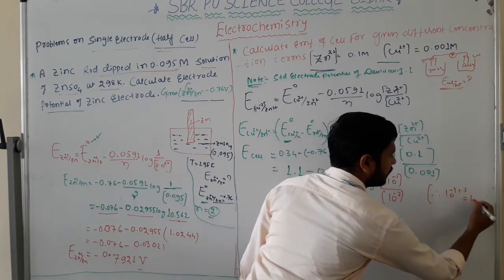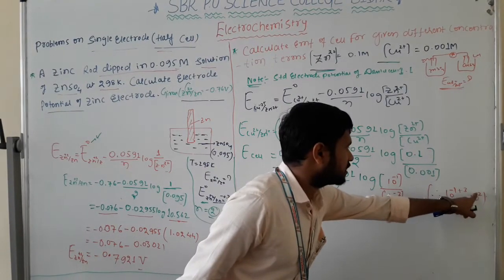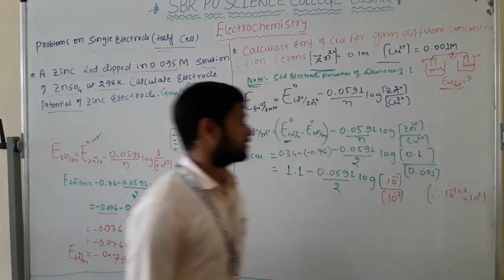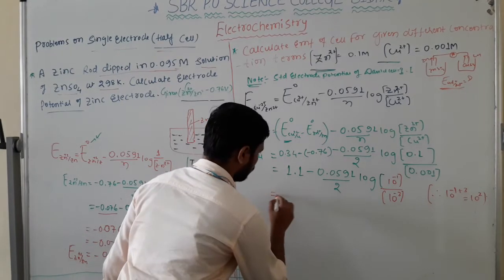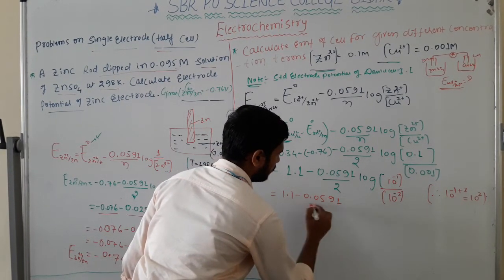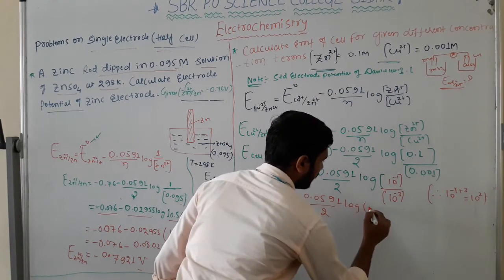Now it is 10 power 2, plus 2 because 3 is the bigger one. Now substitute directly: 1.1 minus 0.0591 divided by 2 log of 10 power 2.